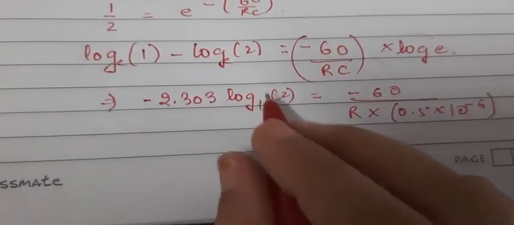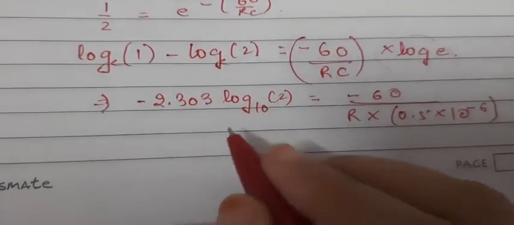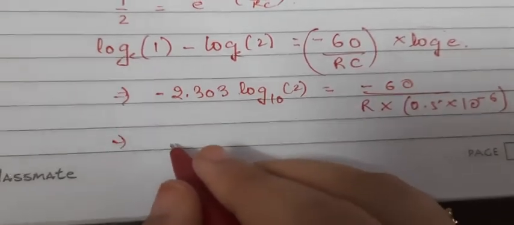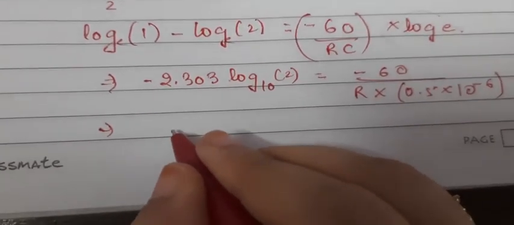Now what is the value of log base 10 of 2? The value of log base 10 of 2 is 0.3010.